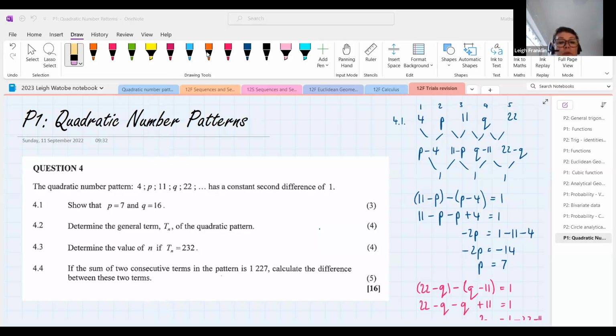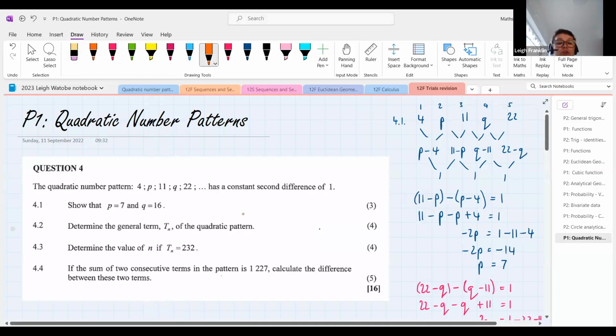So who can remember what the general term of a quadratic pattern, what form does it take? Can anybody remember?